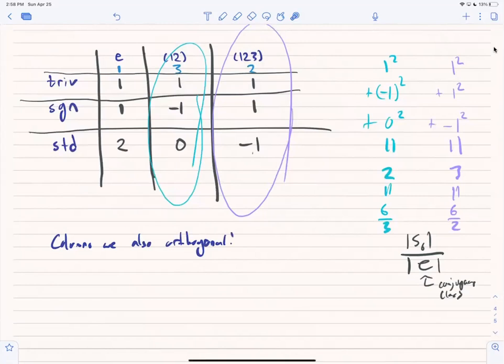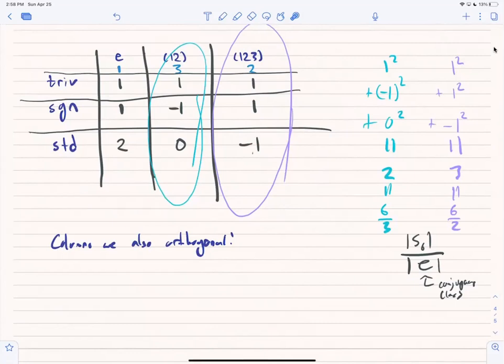There's no weighting here, so I just take the inner product: 1 times 1 plus 1 times minus 1 plus 2 times 0, I get 0. And 1 times 1, minus 1 times 1, 0 times minus 1, 0. 1 times 1, 1 times 1, 2 times minus 1. Add those up, I get 0 again.